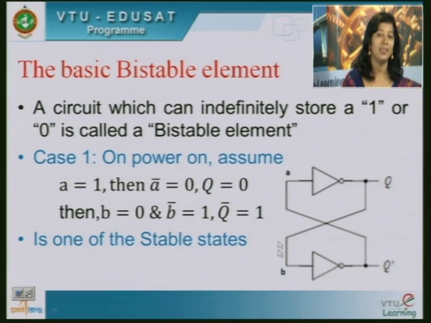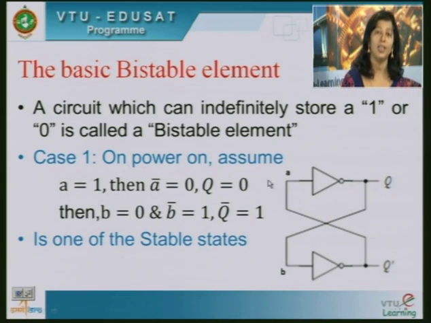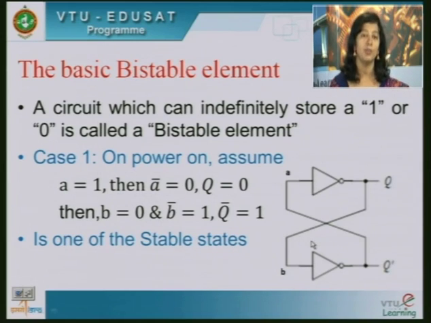This A and B just specify some current values. On power on, it can take any values. No separate input is given here; it is just cross coupled, output of one to the input of the next. So they are two cross coupled NOT gates, and we can see how this works.